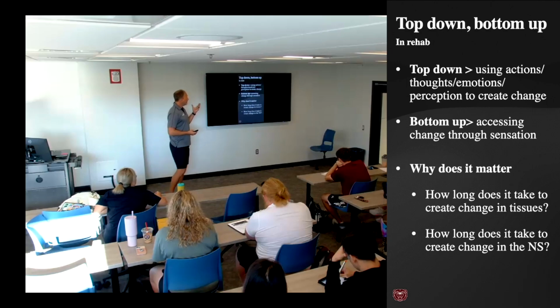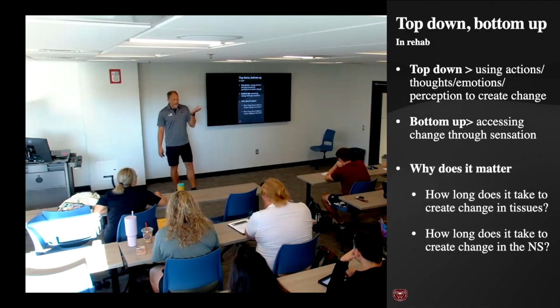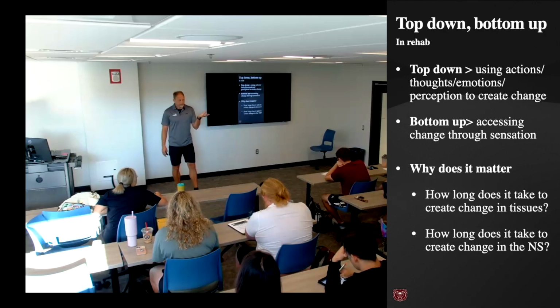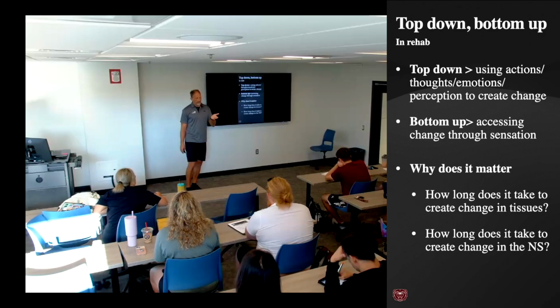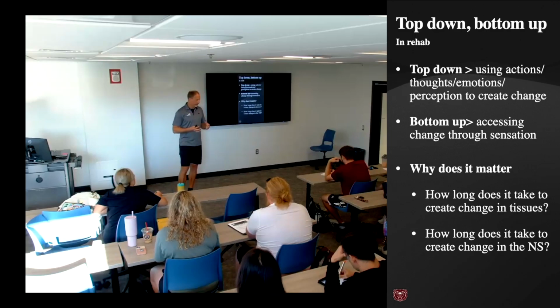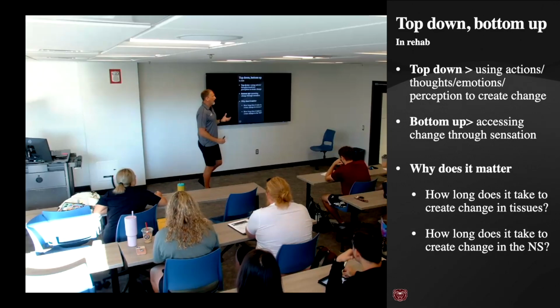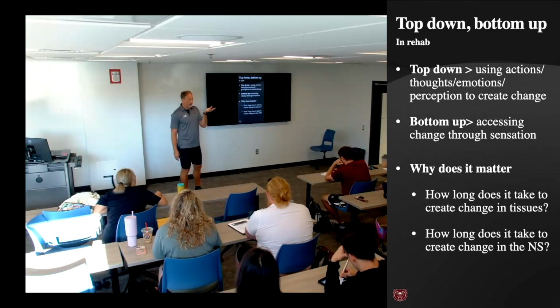When we leverage changes to the tissues, if we have an atrophied tissue, and we start working today to address that tissue atrophy, and we measure the circumference of that muscle belly, how long is it going to take before we actually see that atrophy start to go away?